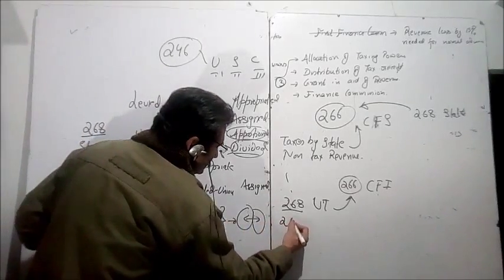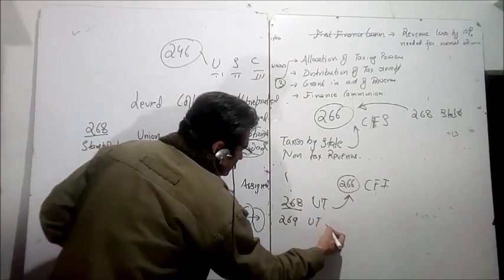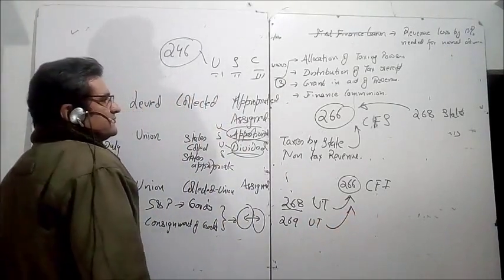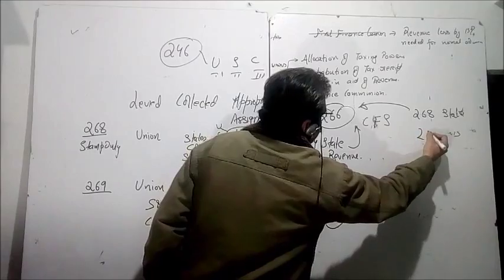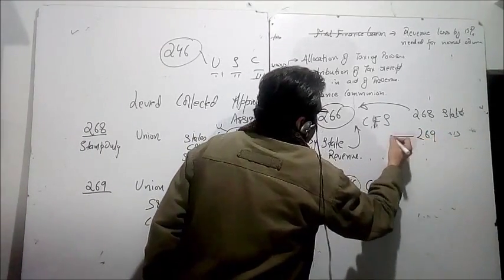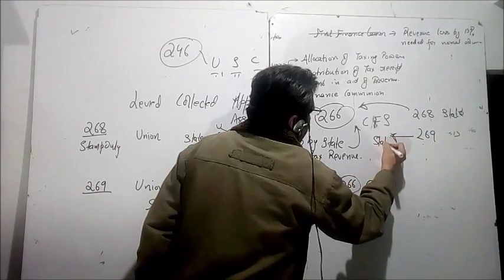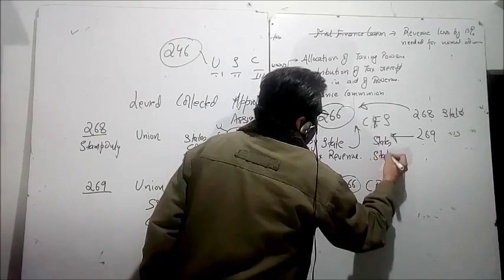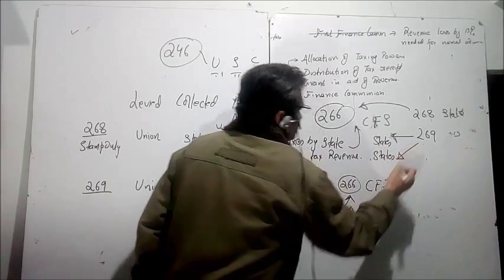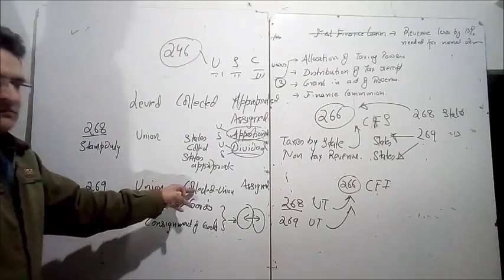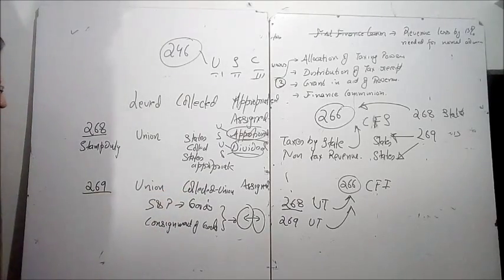Only the part if it pertains to Union territory, it comes to the Consolidated Fund of India. And 269, it divides between the states, and the assignment is done by Union because Union has collected it.